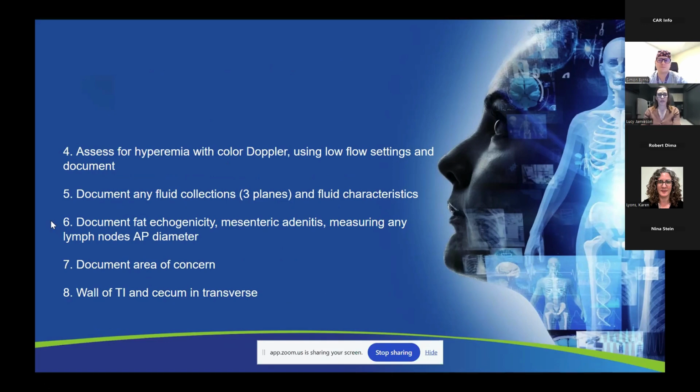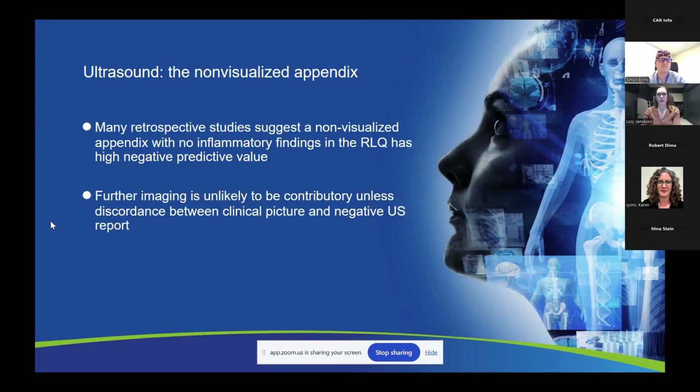In terms of the non-visualized appendix, which is not uncommon, particularly given patient body habitus, several studies have shown that a non-visualized appendix with no inflammatory changes in the right lower quadrant has a very high negative predictive value, and that further imaging with CT or MRI, depending on your site, is less likely to be contributory.